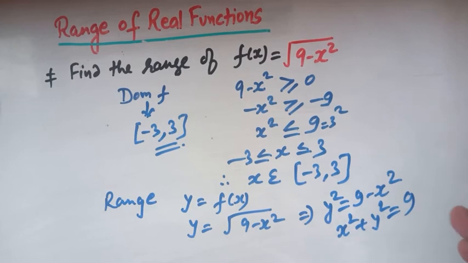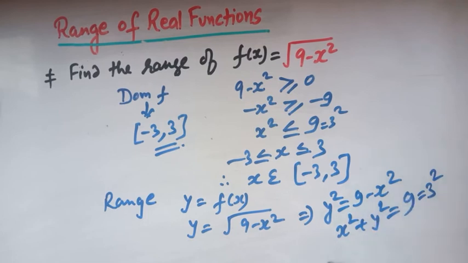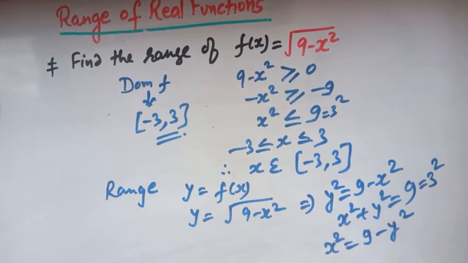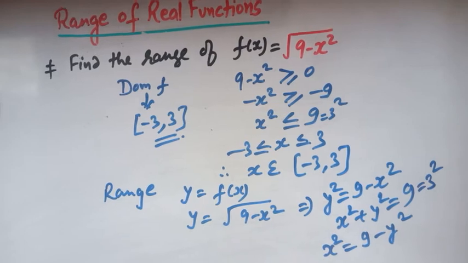This is the equation of a circle having center at origin and radius as 3. Clear? So we'll write x square is equal to 9 minus y square. So this is the relation between x and y when x is expressed in terms of y. So let us find the range.